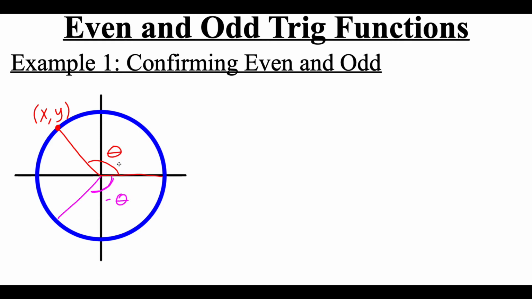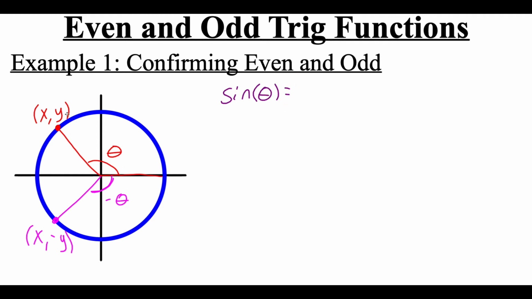Now because these angles are the exact same size, there's a direct correlation between those ordered pairs. It's going to have the exact same x value, but the y values are going to be opposites of each other because we're rotating in that negative direction. So first let's talk about the sine, and let's look at the sine of positive theta first.